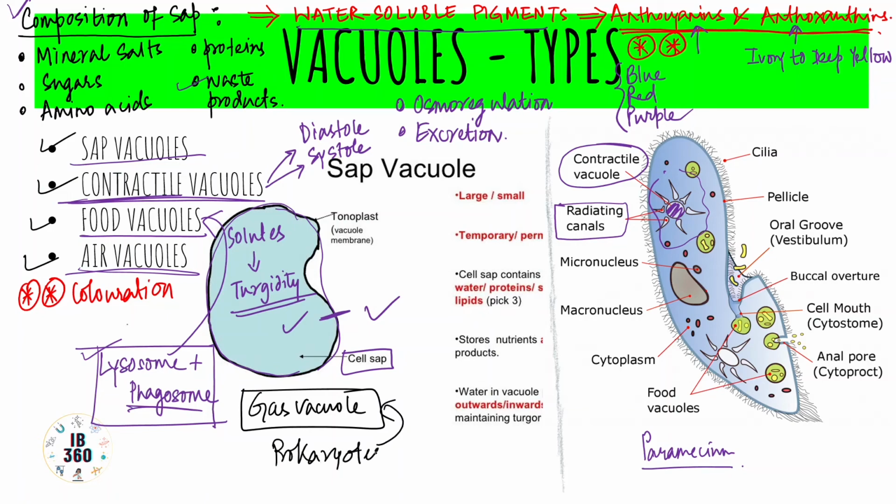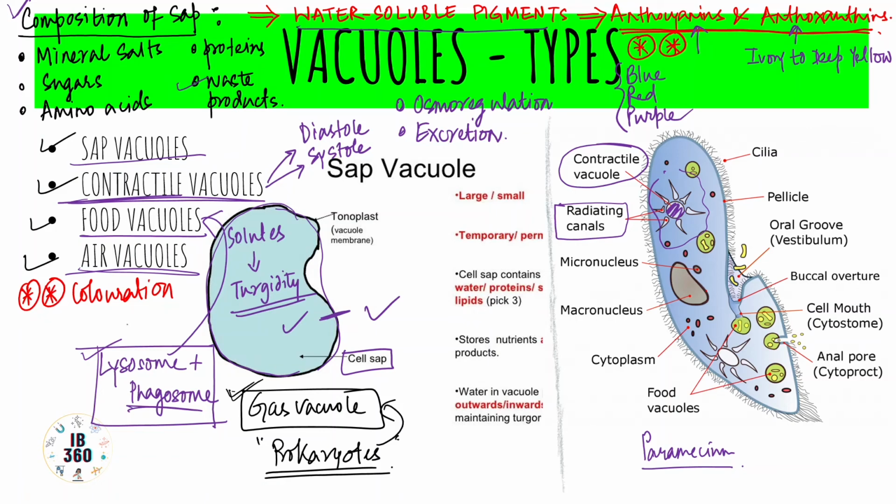Another important thing is, we tend to have this idea that gas vacuoles, since they would be light, will definitely provide buoyancy to the cell, but they also have other functions to perform.